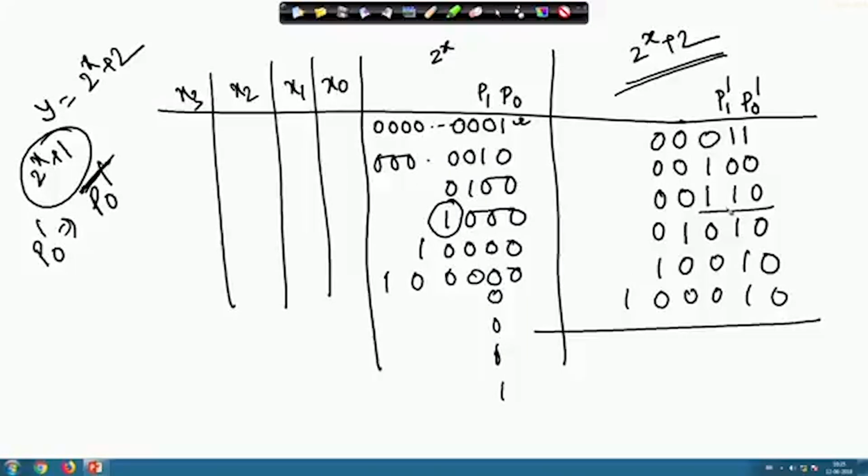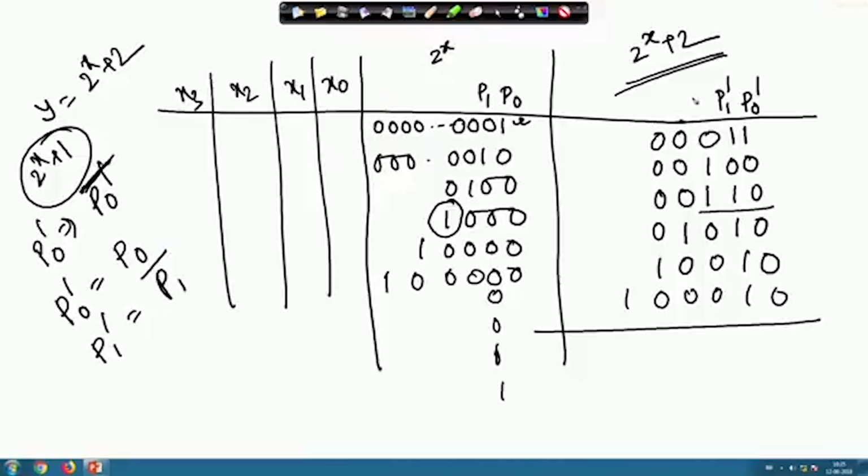Okay. So, for this particular 2 to the power x plus 2, the P 0 dashed will be same as P 0, and P 1 dashed will be P 1 bar here.